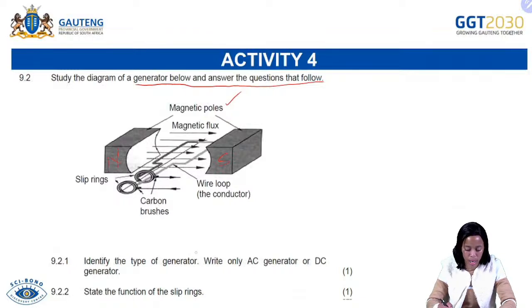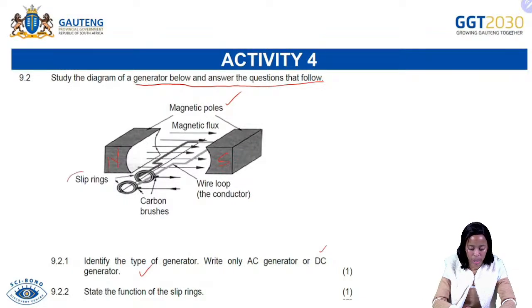So with this one, we know that if we have an AC generator, what is it that we are going to observe? We are going to observe that we have the slip rings. But if we have a DC generator, then we will see that we have the split ring commutator.